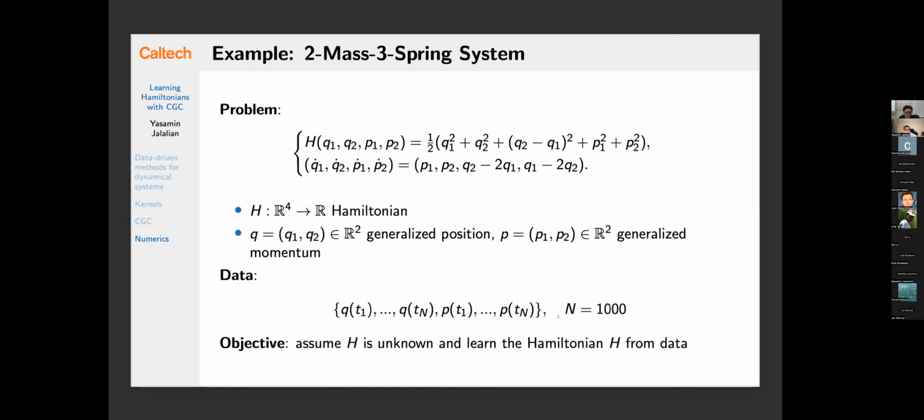The first one is a 2-mass 3-spring system in which there are 2 masses and 3 springs attached to them, and the ends of the springs are fixed. What we're doing is that we solve the system up to time 10 with classical numerical methods, and like this, we obtain 1,000 data points. And then we just apply this method that I explained numerically to it.